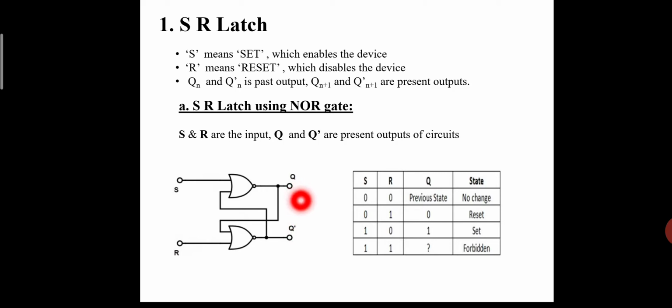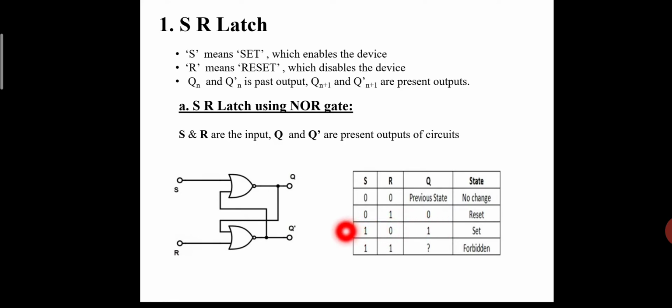So Q is 0, Q bar is 1, and the complementary output Q is equal to 0. Therefore the output is 0. That indicates the reset condition. The device is in the off state.